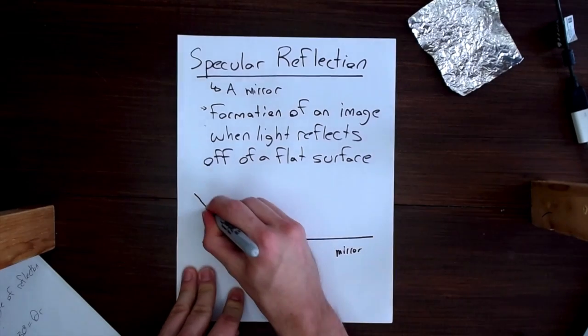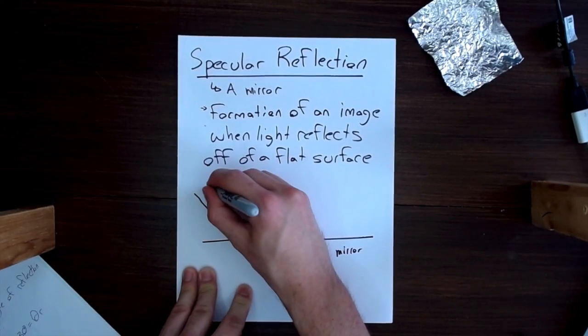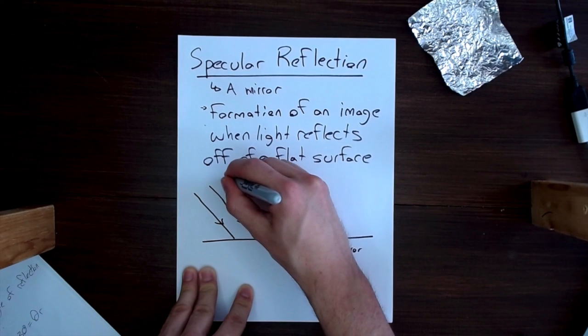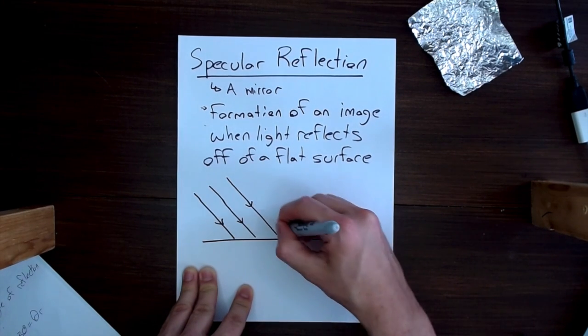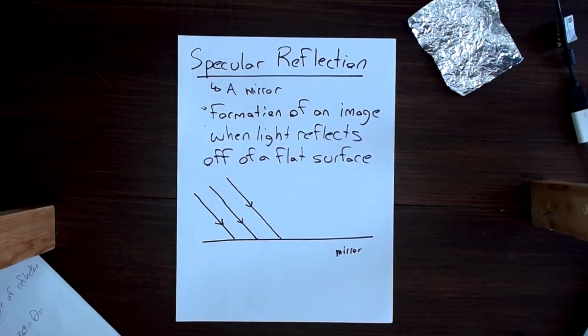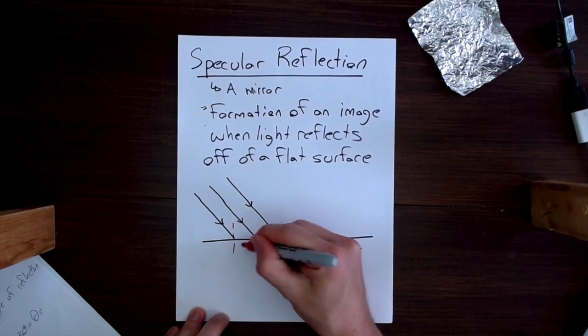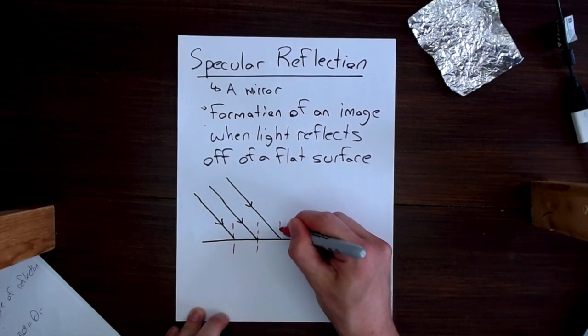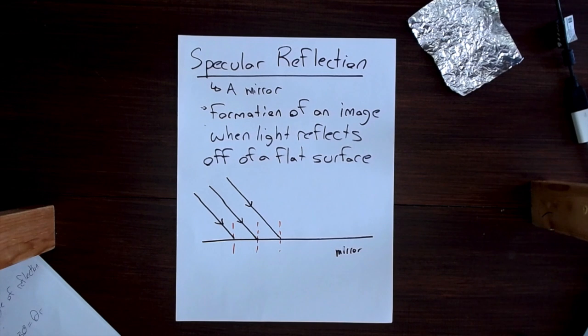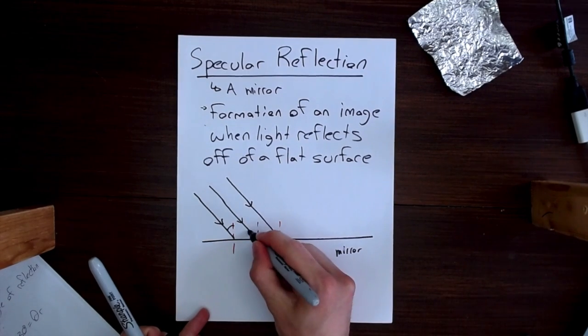Suppose I have three rays of light that are running parallel to each other towards this surface, just like that. If I draw my normal line for each of these rays of light, again, perpendicular to the mirror or the surface of reflection, what we will find, knowing that we have three theta i's, right?